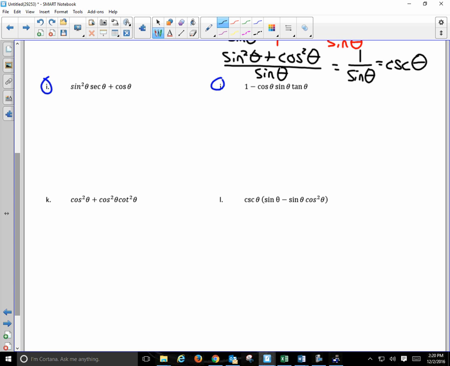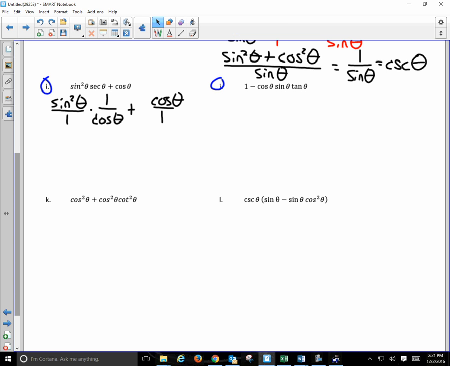Let's try this one. It's going to work out very similar. Sine squared over 1 times what? 1 over cosine plus cosine of theta over 1. Nothing cancels, does it? But maybe if I find a way to combine these together, maybe something will cancel. In order to have common denominators, what do I need to multiply top and bottom here by?